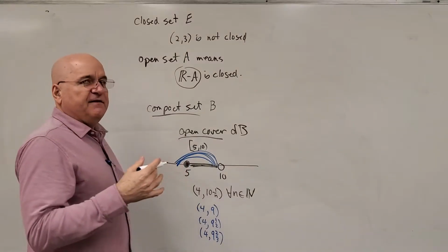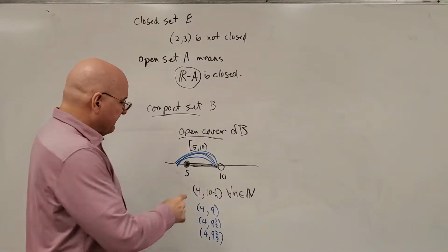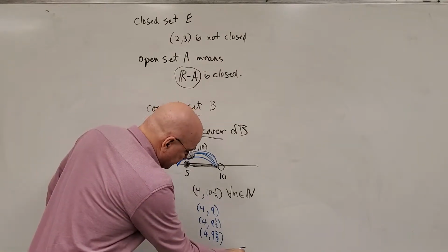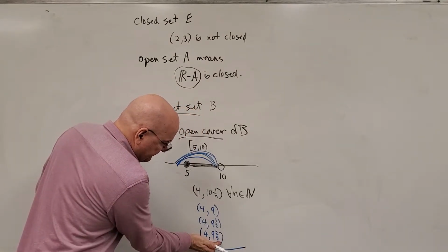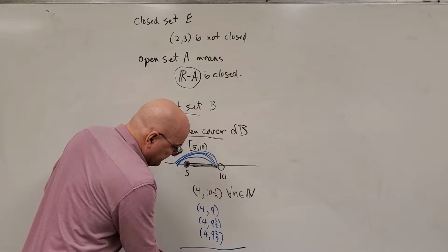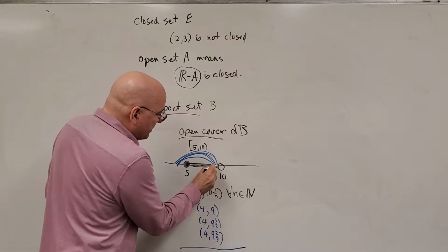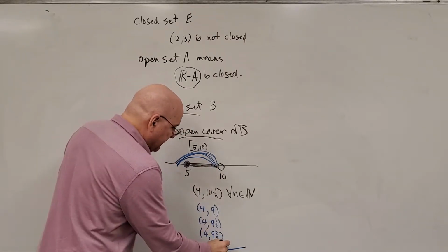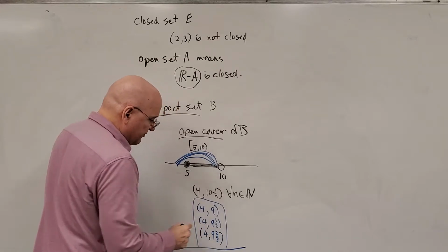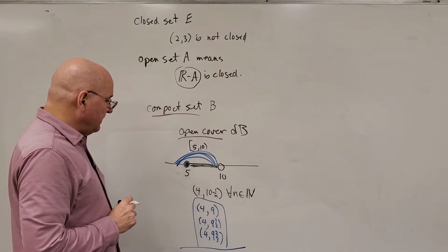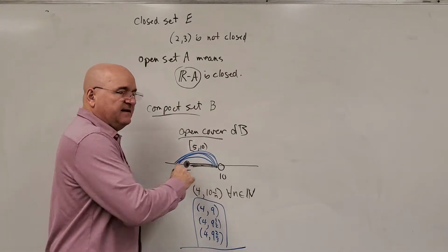But if you take a finite number of these intervals, that means at some point you're going to cut it off, and there's none below that. That means you're not quite going to get to 10. This finite union, here's only 3 of them, does not contain the entire interval.